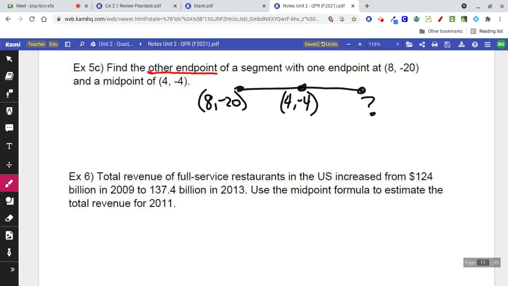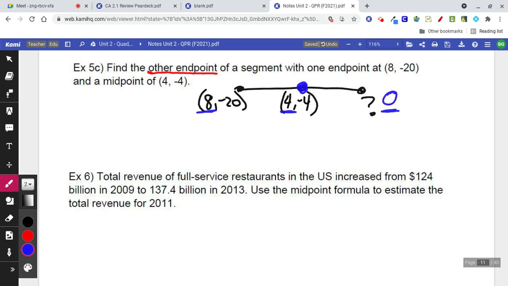So, to me, on this problem, it's almost easier to use the shortcut. Because what I do is I say, well, all right, this number has to be in between 8 and something else. And so if you look at what's 4 in between, 4 is in the middle of 8 and 0.